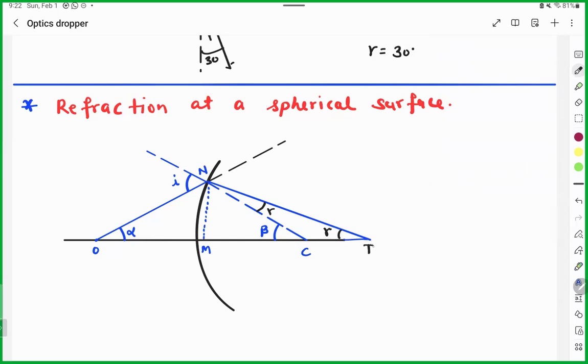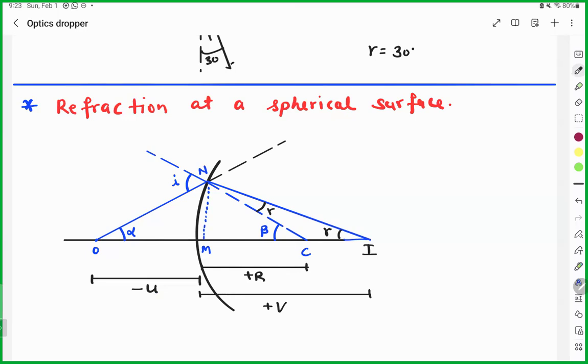And this is the image formed, I. So this is minus u. This is plus v because it is on the positive side, and this will be plus R, plus v and minus u.